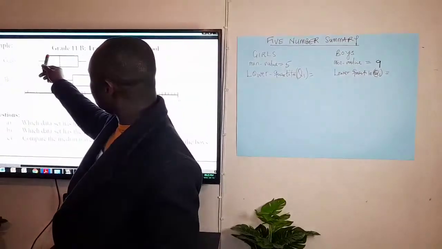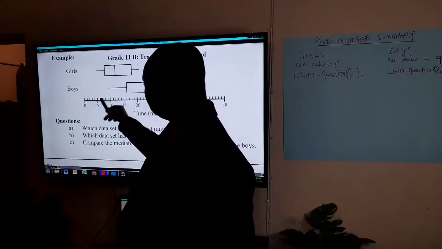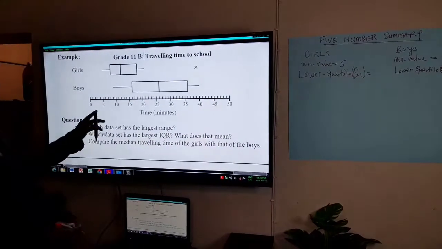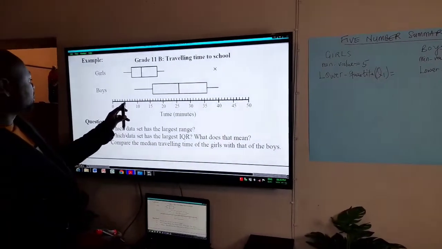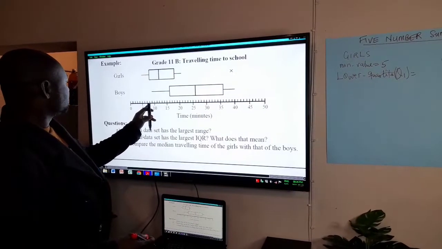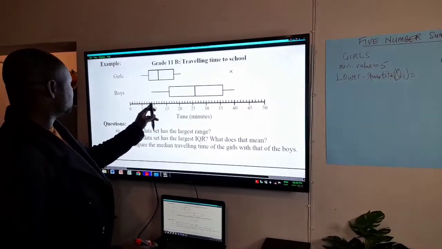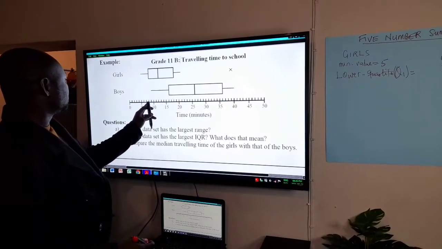Here is the end of the lower quartile, so when we talk about our lower quartile here, our lower quartile will be on this point here, which is 8 for the girls.